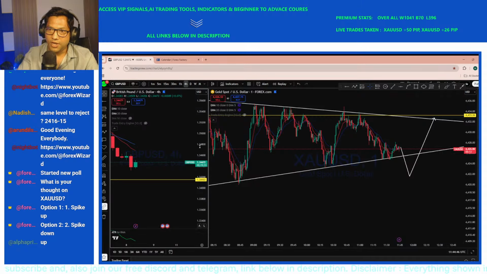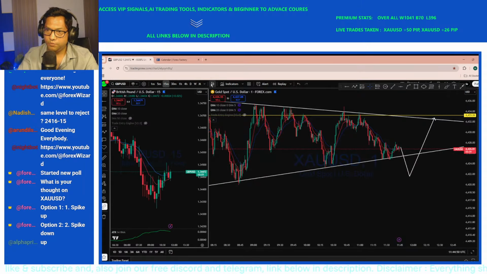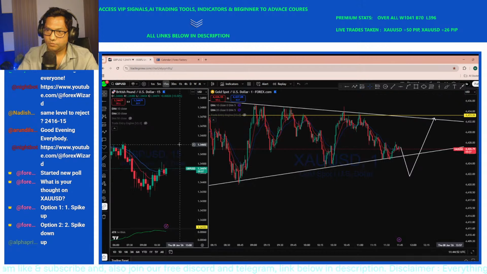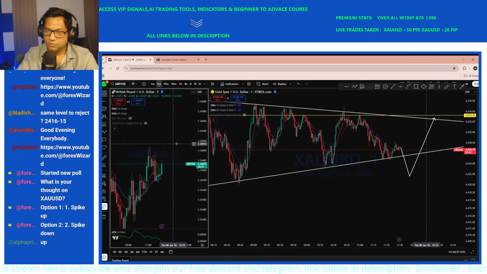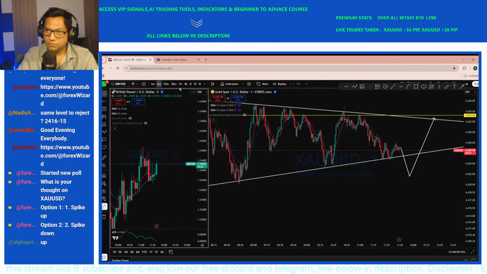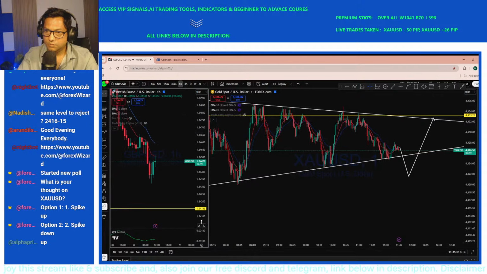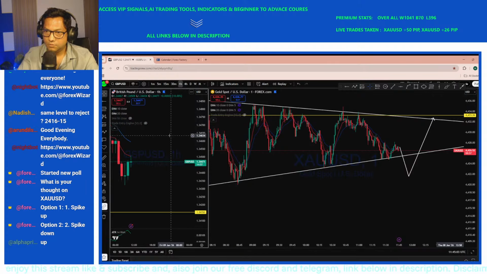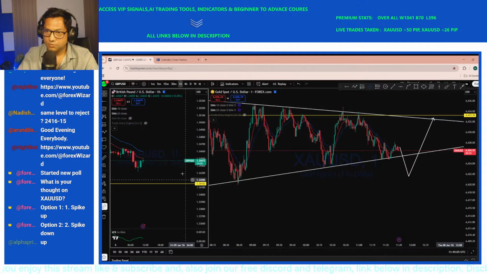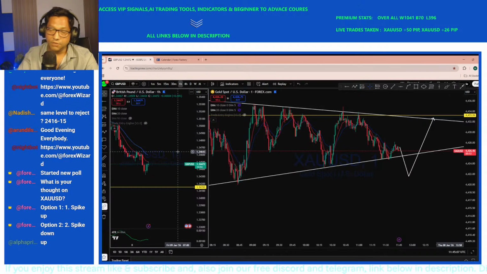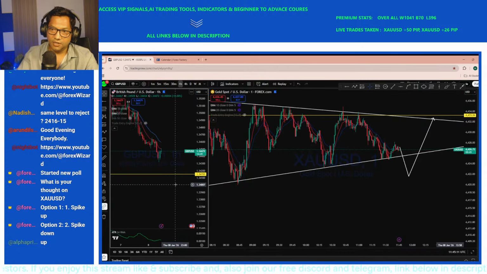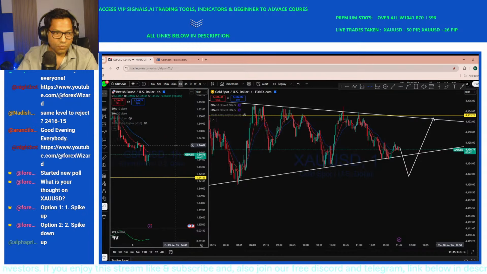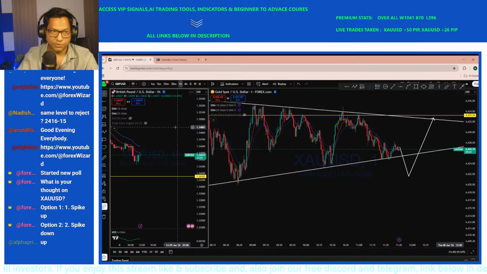While also I'm looking at some moves on GBPUSD. GBPUSD is in a downtrend, but we might see a rejection of this support level here on the British Pound US dollar.